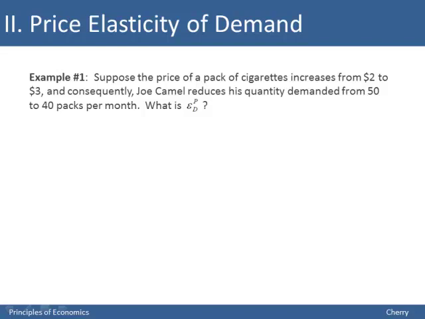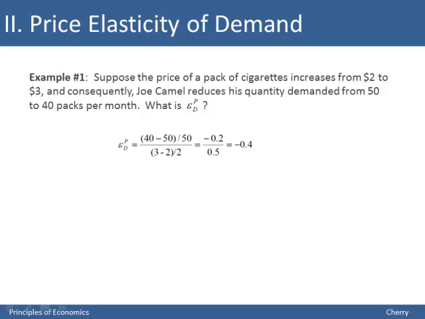Well, you have the price change and you have the quantity demanded change. And then you're supposed to calculate what's the percentage change in quantity demanded over the percentage change in price. First, to calculate the percentage change in quantity demanded, you would take 40 minus 50 over 50.